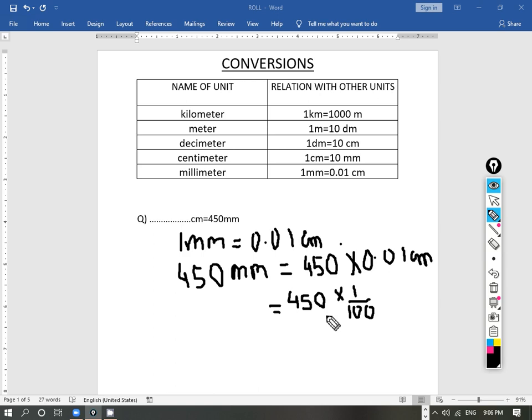So when we divide 450 by 100, we will get 4.5 centimeter. So this is how we can convert. This is another conversion. Let's do the next question.